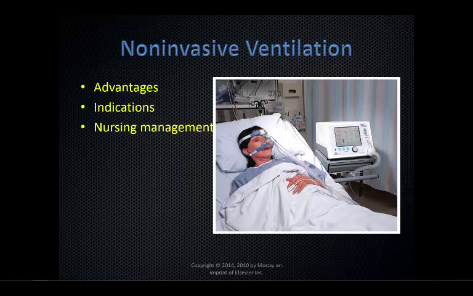So let me rephrase that. This type of ventilation uses a combination of pressure support ventilation and positive end expiratory pressure supplied by a ventilator, or inspiratory and expiratory positive airway pressure.